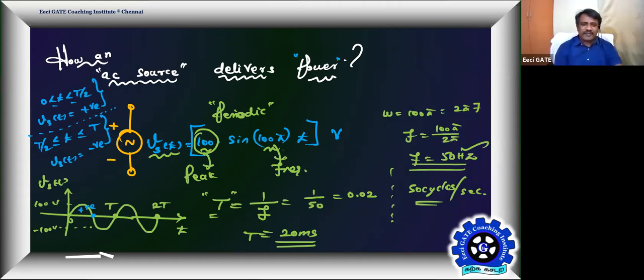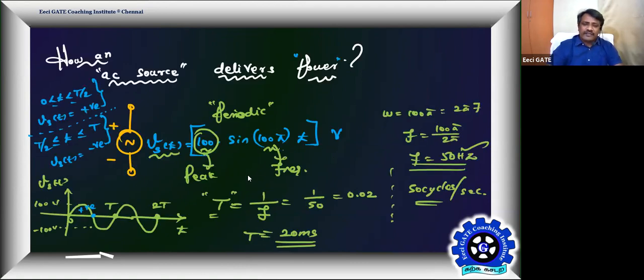So the simple question, your understanding about an AC source: before exciting any circuit using an AC source, we should first know whether the AC source is capable of delivering power or not. Once we conclude it is capable or not, then the analysis begins for the AC circuits. Otherwise, there is no meaning. Without understanding the source, we can't use that source for the application.